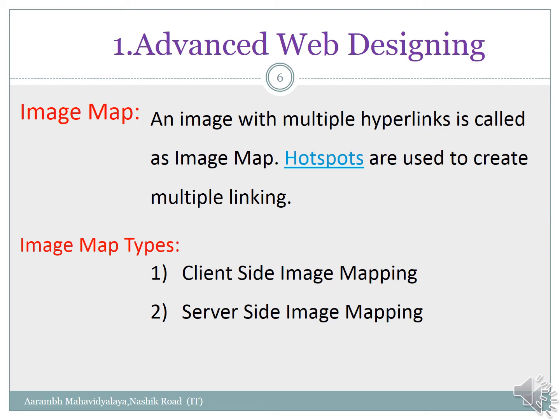Next one is the image map types. Image mapping is done by two methods. The first type is client side image mapping and the second type is server side image mapping. In client side image mapping, the program gets executed completely on the client, and in server side image mapping, the program gets executed on the server, output is calculated and that output is sent to the client browser.